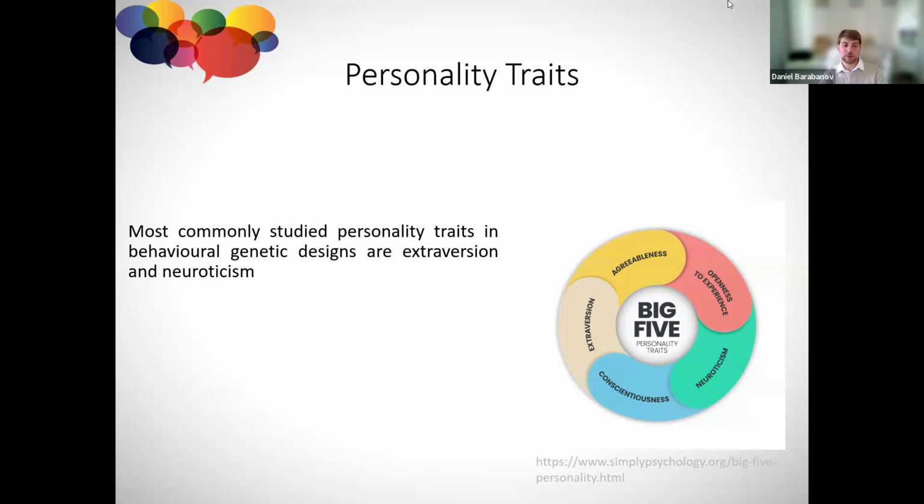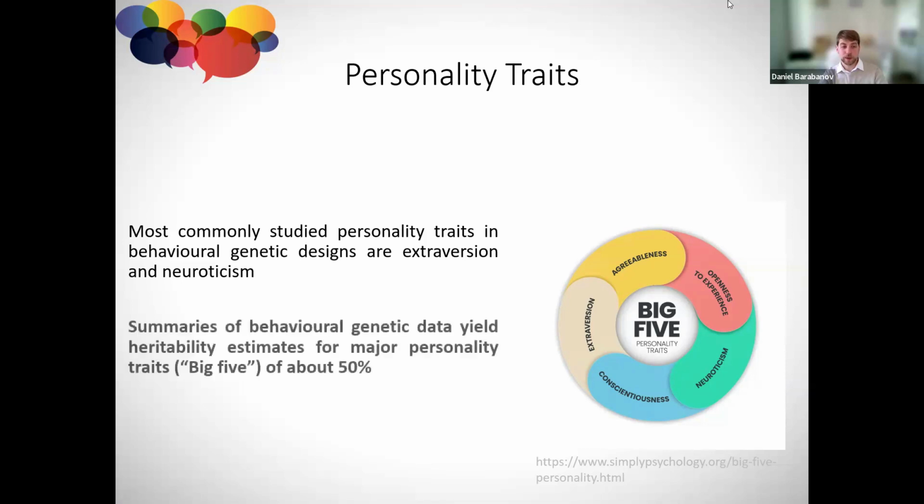So the most commonly studied personality traits are extroversion and neuroticism, because initially psychologists and behavioral geneticists believed that those traits are more heritable compared to others.